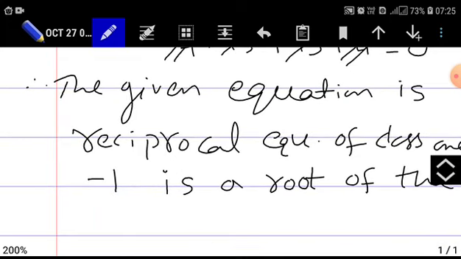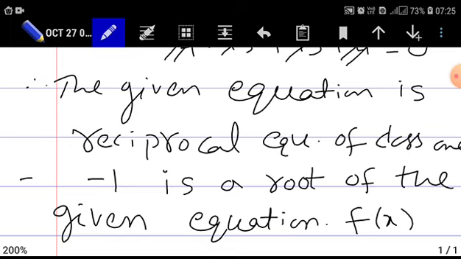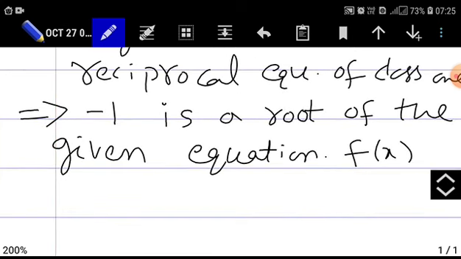Because when we substituted x equal to minus 1 we got f of x equal to 0, we can say that minus 1 is one of the roots of the given equation.